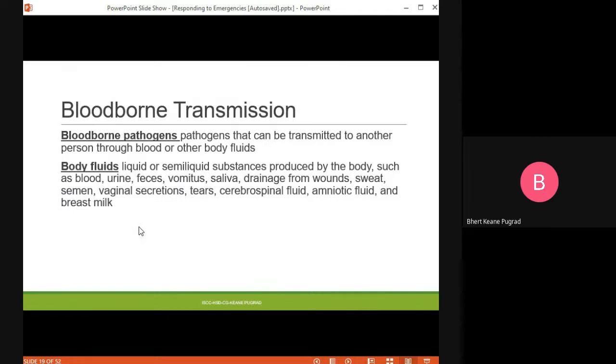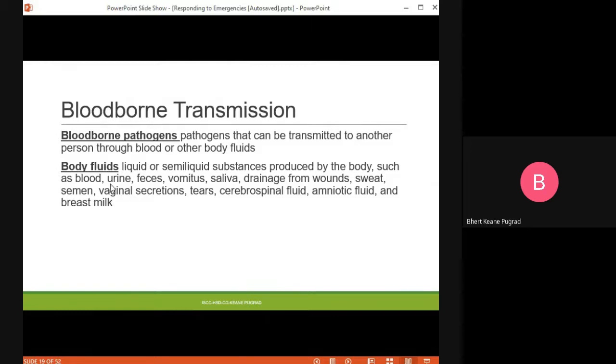Okay, we also have your bloodborne transmission. Your bloodborne pathogens are types of pathogens that can be transmitted to another person through blood and other body fluids. So when say body fluids, these are your blood, no? These are our urine, feces, vomitus.